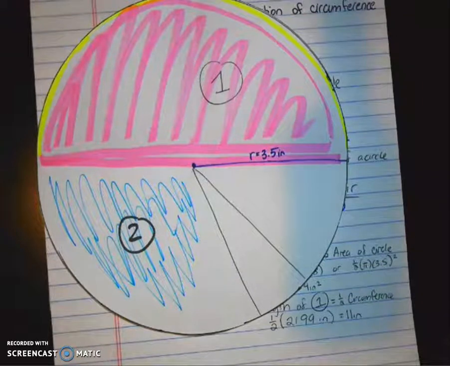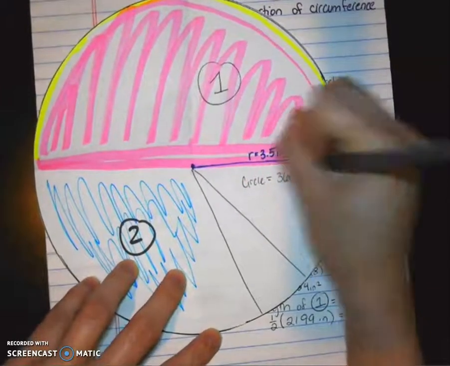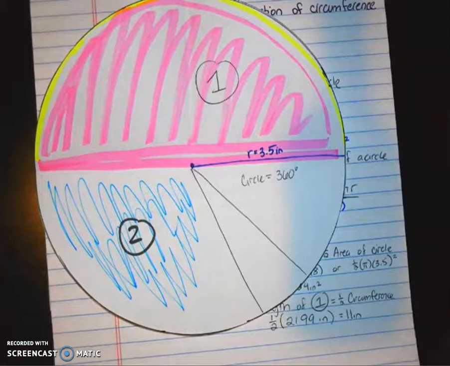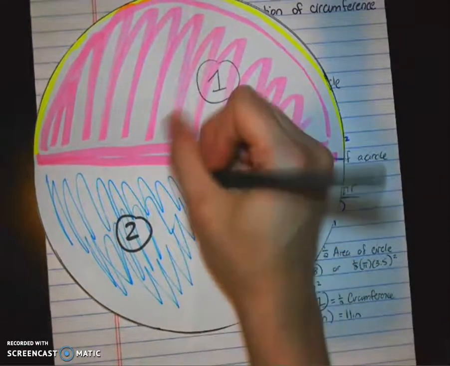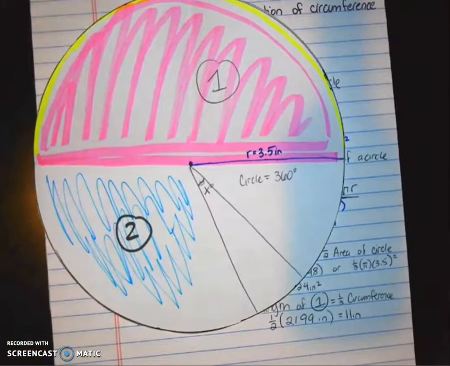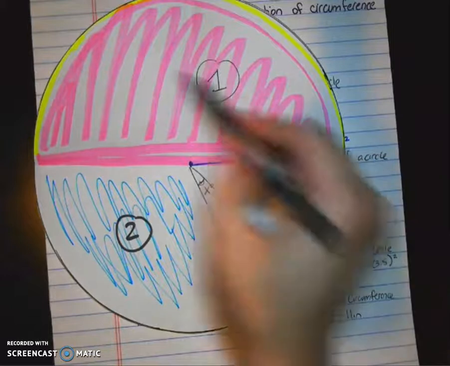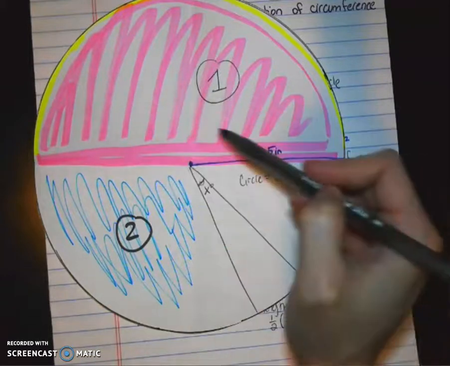We know that a circle has 360 degrees, right? A circle is 360 degrees. Well, this might be X degrees. Maybe it's 10 degrees, and that's 10 degrees out of our entire 360.